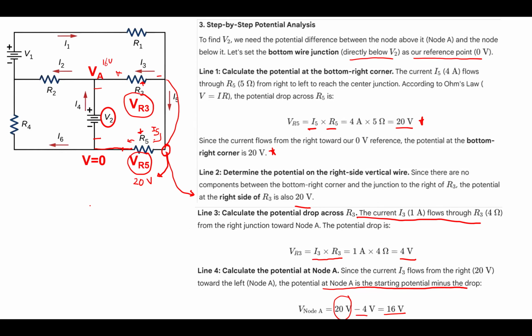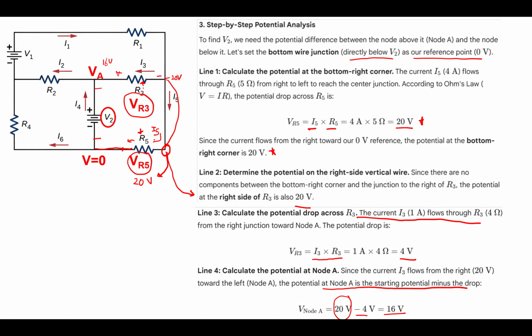So V2 is the unknown, and we note that V2 is related to the VA here and the 0 voltage. To find VA and V0, we look at this loop. First we found the voltage drop across R5. Then we note that from this point and this point we have the same voltage, 20 volt.